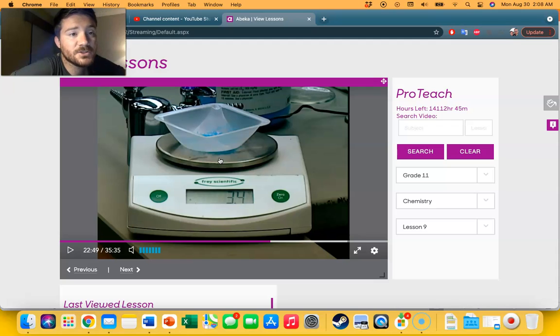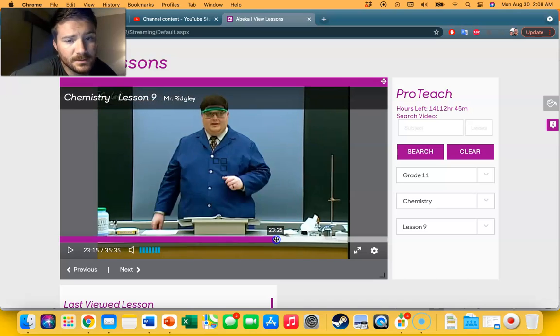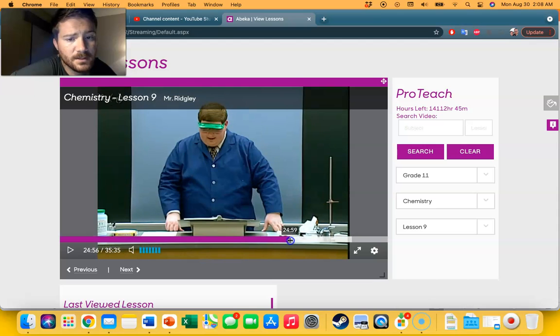The mass of the dish alone is 2.2 grams. So the mass of the copper sulfate alone is only 1.3 grams. And you can write that underneath the subtraction line. There is 1.3 grams.